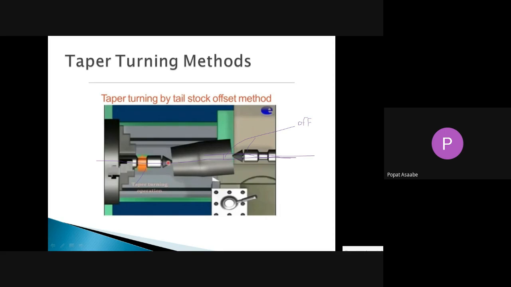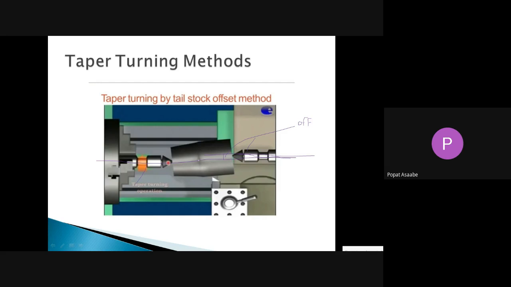Now, due to that offset, what will happen? Okay, after giving that offset to that dead center, then we have to fix our workpiece in between that two centers. Okay, offset दिल्यानंतर काय करायचं बघा, जे काय आपला वर्कपीस आहे, that workpiece we have to hold between that live center and dead center, and because of that axis offset, whatever offset we have given to that dead center, the position of your workpiece will be looking like this.